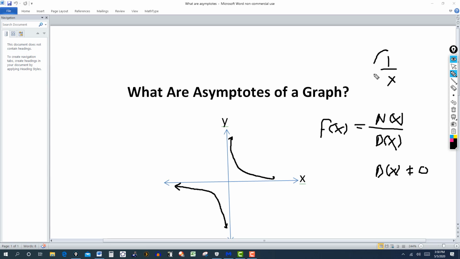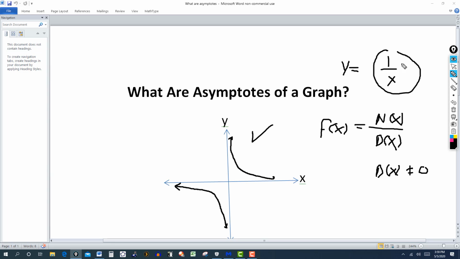So if I call this y, or f of x, it turns out that what I just drew represents the graph of this rational function. Notice the denominator is 0 when x is equal to 0, but the numerator is not. So any number that makes the denominator 0, but not the numerator, is going to generate a vertical asymptote. So the graph of x equals 0 is the vertical line that passes through the origin. Actually in this case, it's the y-axis.